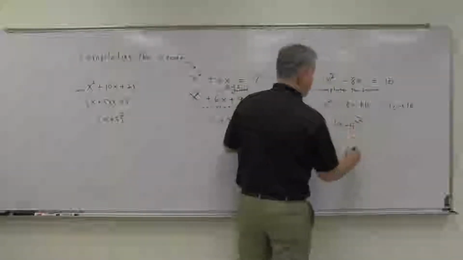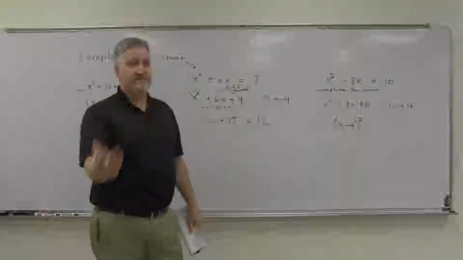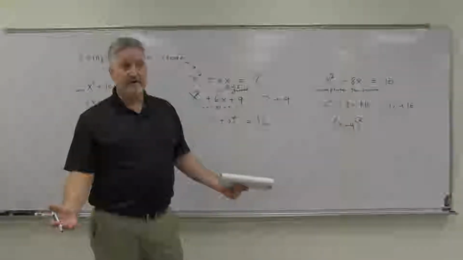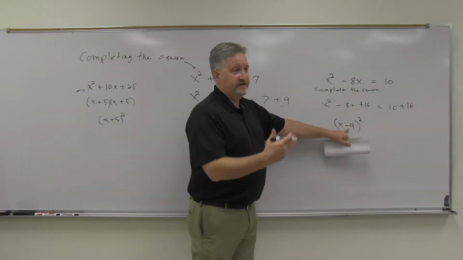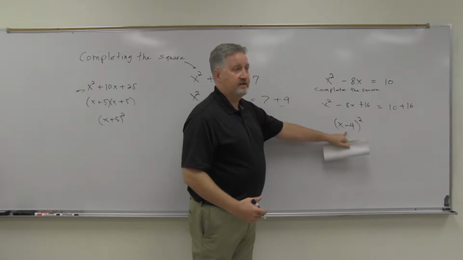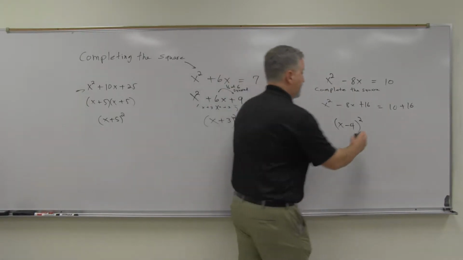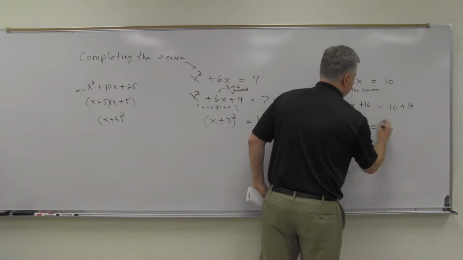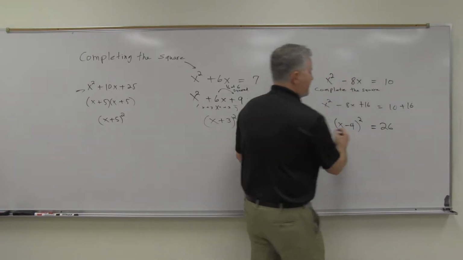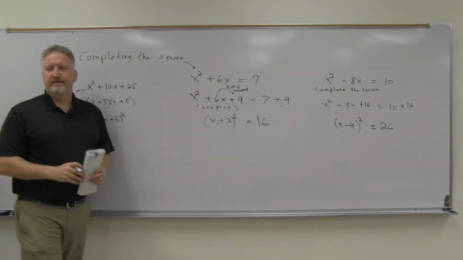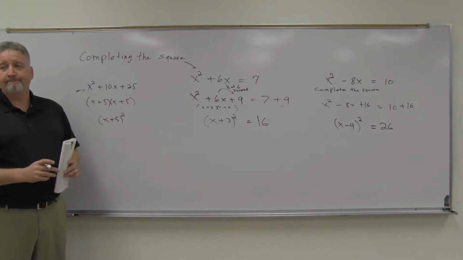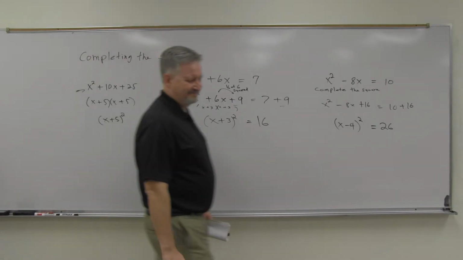X minus 4, yeah. If I factor that, it'd be x minus 4 times x minus 4, or x minus 4 squared. And so that's what changes on this. If this is a minus, then this will be a minus on your square. And that equals 26. But you're still going to add, but when you factor it, it'll be a minus. All right? So we'll come back to that in just a second.